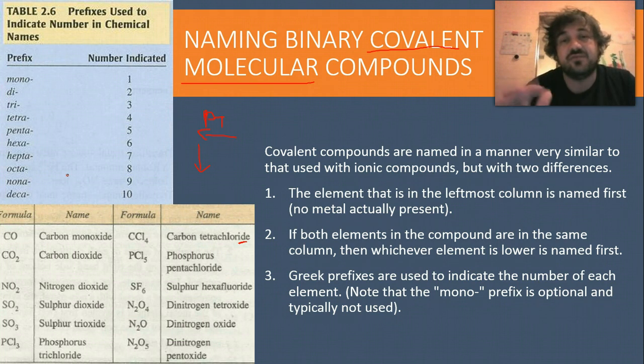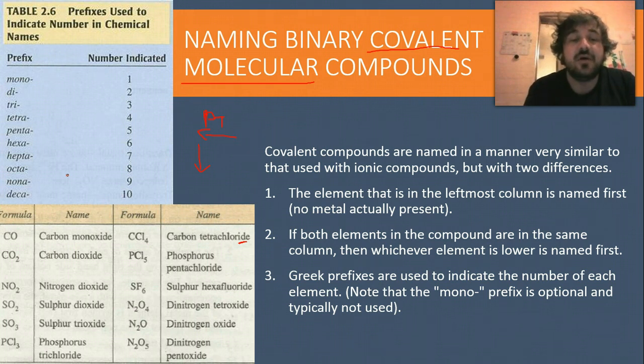Just to recap that. The most metal one, so left and down, is named first, and you just use the whole name. The less metal one in a binary compound has the "ide" at the end, same as before. So all binary compounds end in "ide."